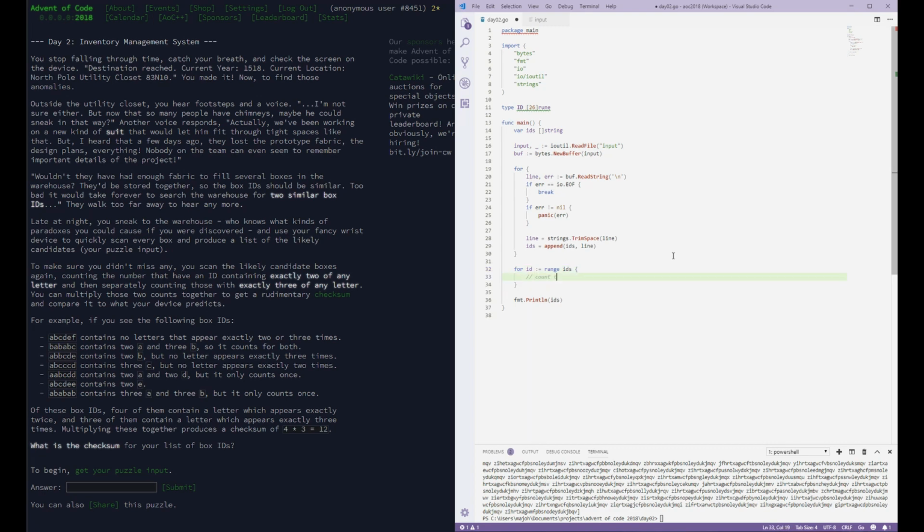Count twos. These. Twos. Map from room. Because I don't think you care, you're only supposed to count them.